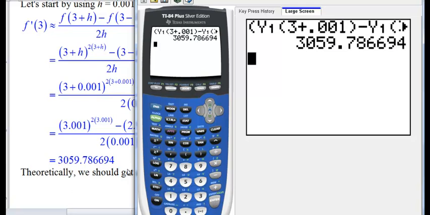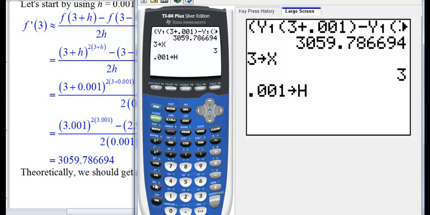So I'm using the fact that I can store the function in there to put in a little bit of a shortcut. Now let me show you a couple things I can do for a little bit more of a shortcut. Notice the 3 there is our x value or our a value. So let's just store that in place of x. 3 store as x. And the 0.001 is our h value, so let's store that in place of h.